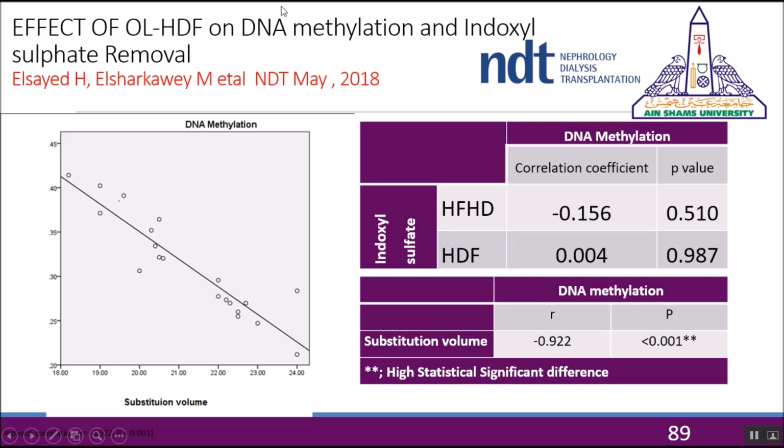So HDF can improve the DNA methylation, while the protein-bound uremic toxins still could not be removed efficiently. Importantly, DNA methylation improvement is dose dependent on the convection volume. So you need a higher convection volume to improve the DNA methylation effect of uremia.